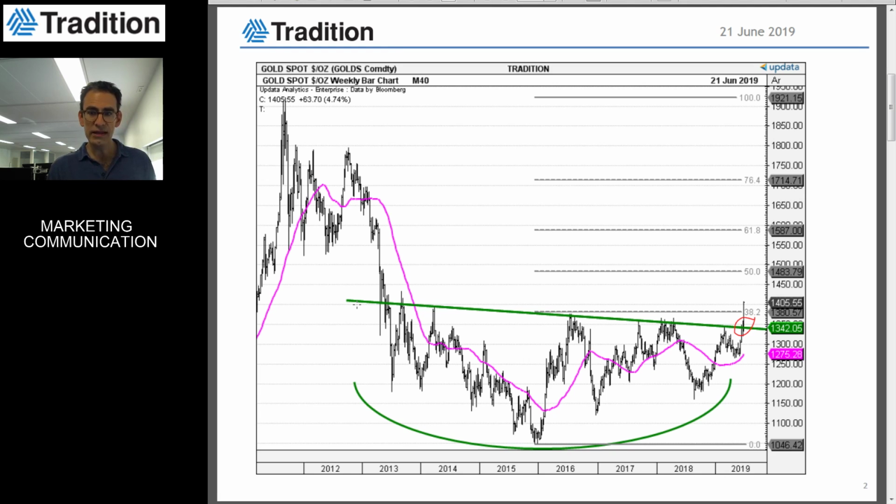So quite a significant technical event, and obviously the market did not ignore this breakout, so we saw a very strong upside acceleration just after the FOMC meeting, with prices reaching very quickly the initial Fibonacci resistance at 1380, which is a 38% retracement of the entire decline between 2012 and 2015.